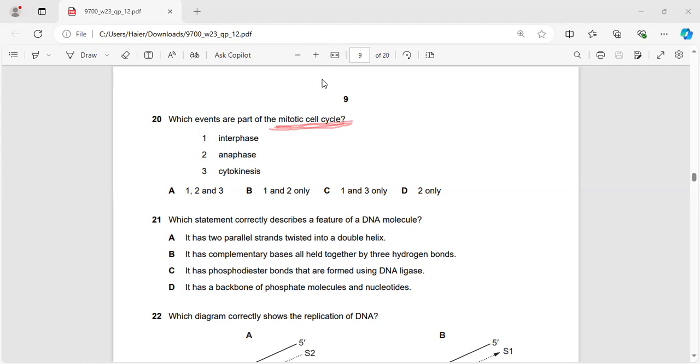In the previous question, they were talking about mitosis, but here they are asking about the cell cycle. So interphase, anaphase, cytokinesis, all are involved, all are present in the mitotic cell cycle. So A is the correct option in this case.